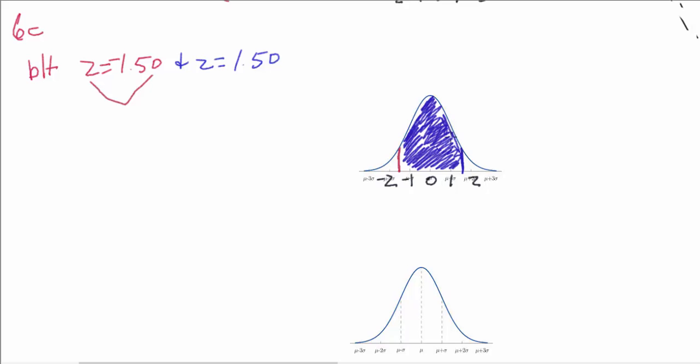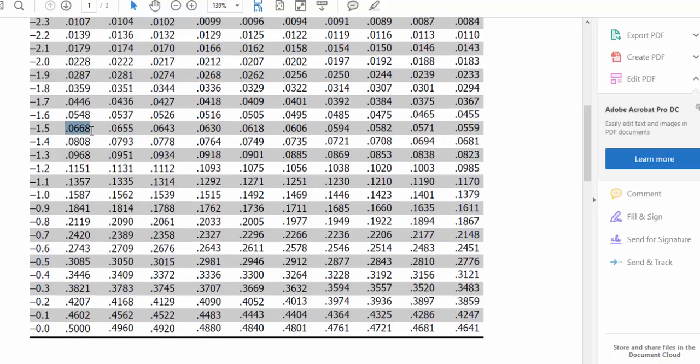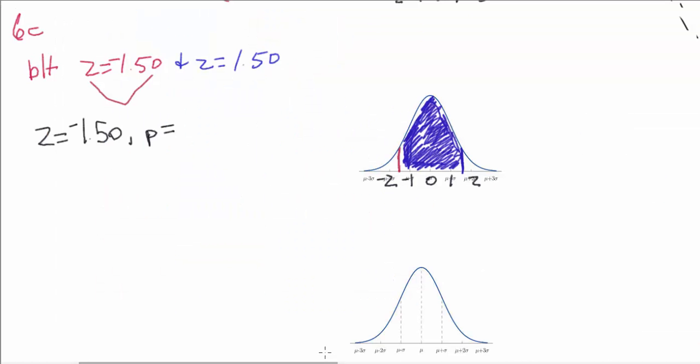Now this is going to be a little bit strange because of the table that I have. It gives us the proportion to the left. So we'll say negative 1.50. The area to the left, let's go look that up real quick in our table. We'll find z equals negative 1.50, we've got 0.0668. So that's going to be, let me do this in a different color, this proportion right here.